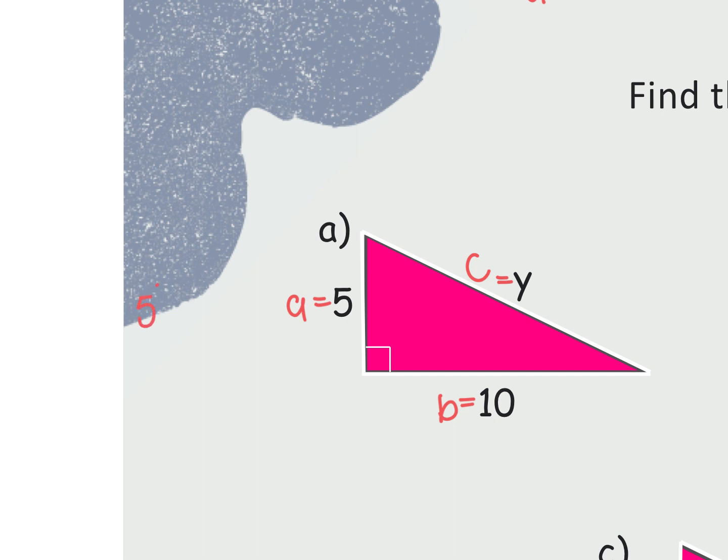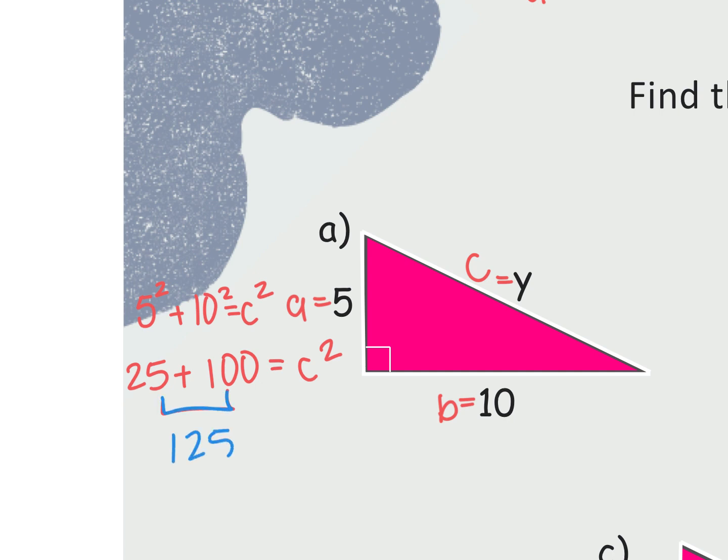I have 5 squared plus 10 squared equals C squared. Solving it, what's 5 squared? Good. What's 10 squared? Equals C squared. Solving this first, I'm going to get 125 equals C squared.